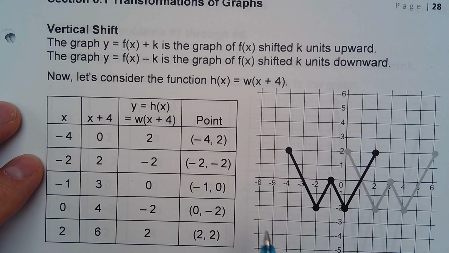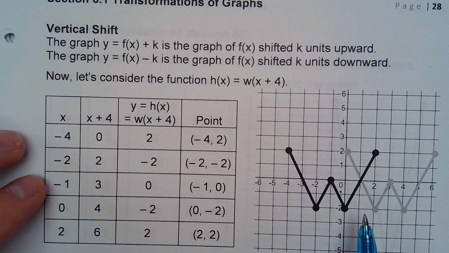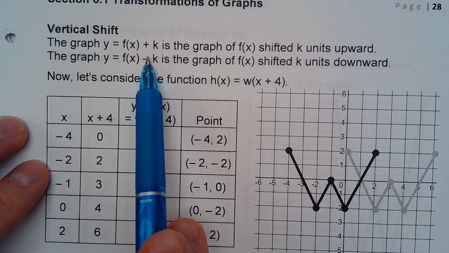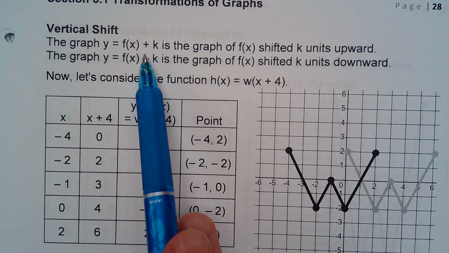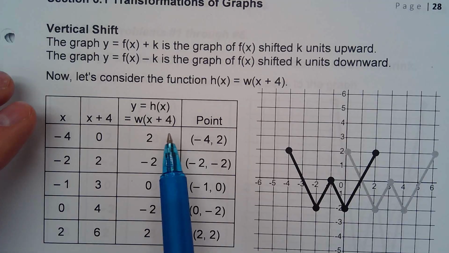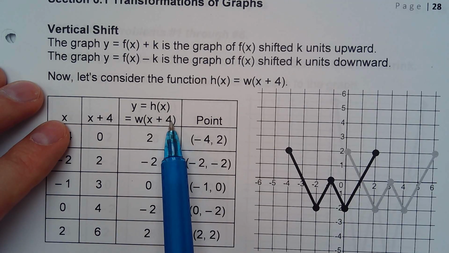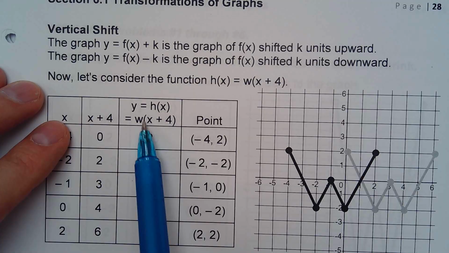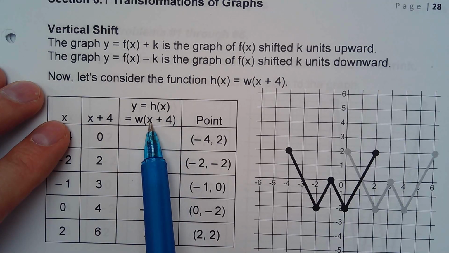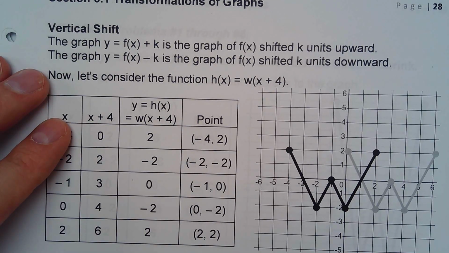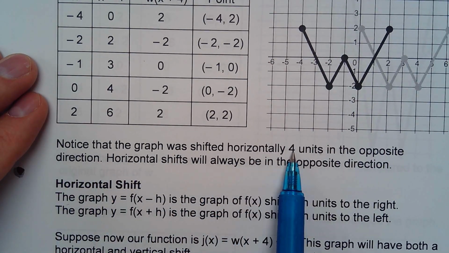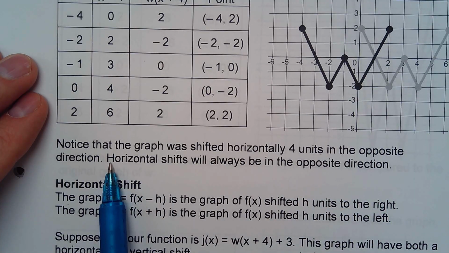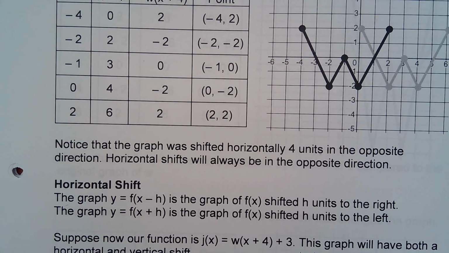And again, the way you tell the difference between a vertical and horizontal shift: for a vertical shift, the number is being added or subtracted outside the function. With a horizontal shift, it's being added or subtracted inside the function right next to the x. So the graph was shifted horizontally 4 units in the opposite direction. Horizontal shifts will always be in the opposite direction.